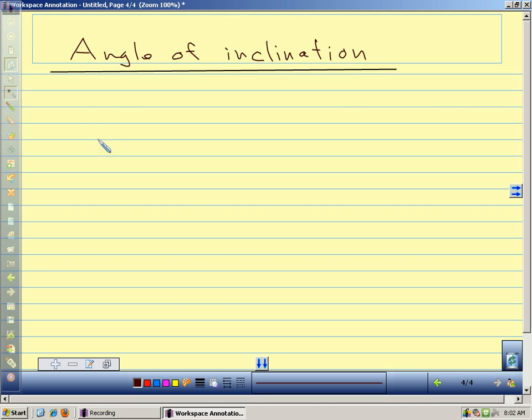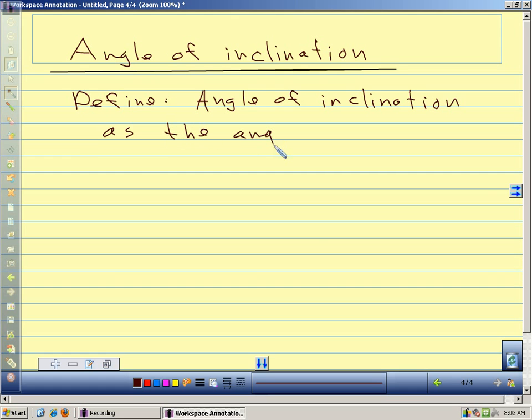So we're going to define the angle of inclination as an angle, and we want it between 0 and pi over 2, so 0 is less than or equal to theta less than or equal to pi over 2.